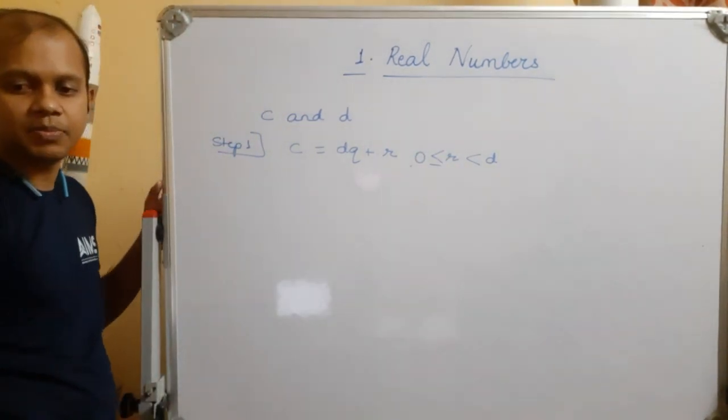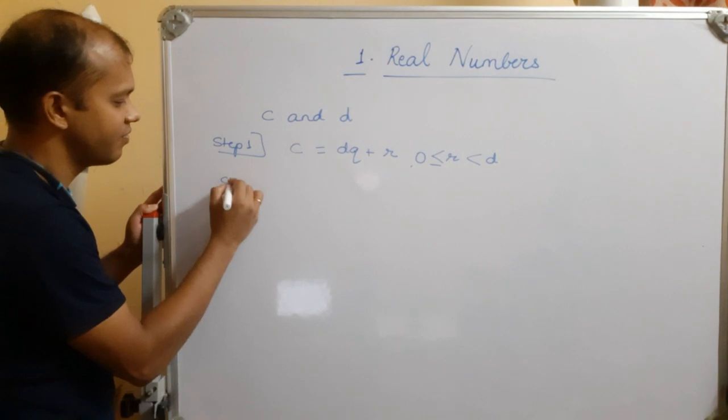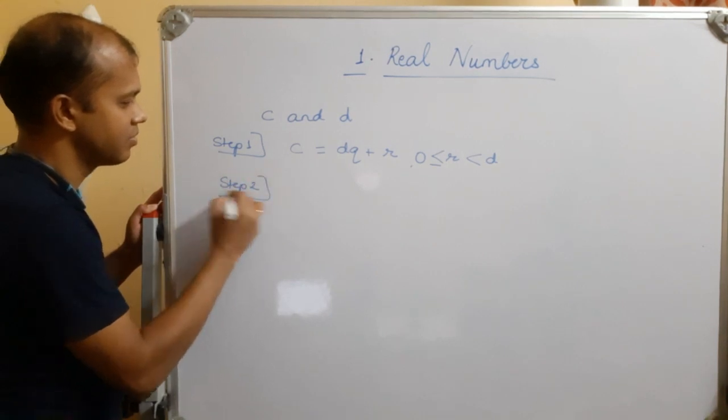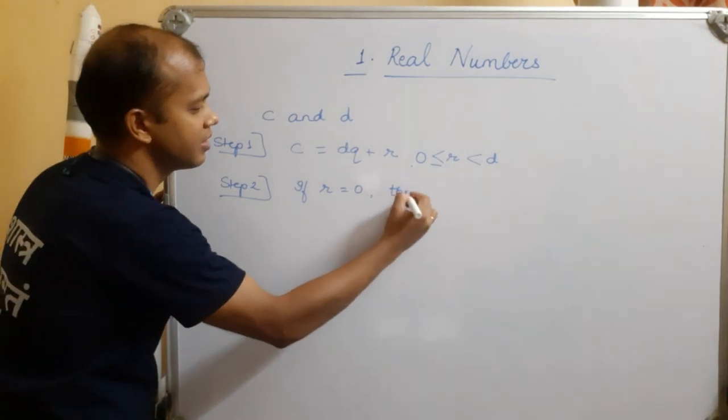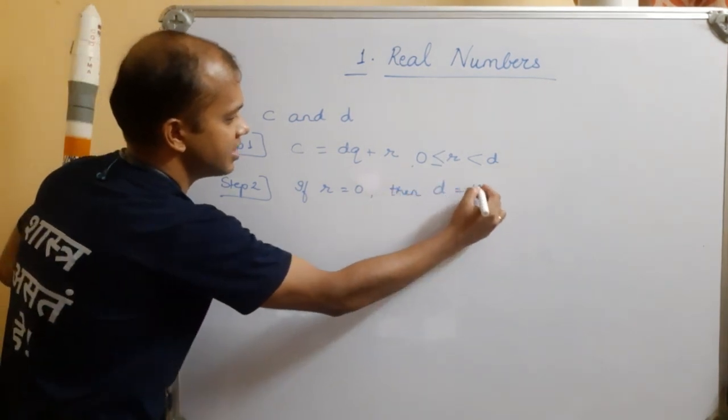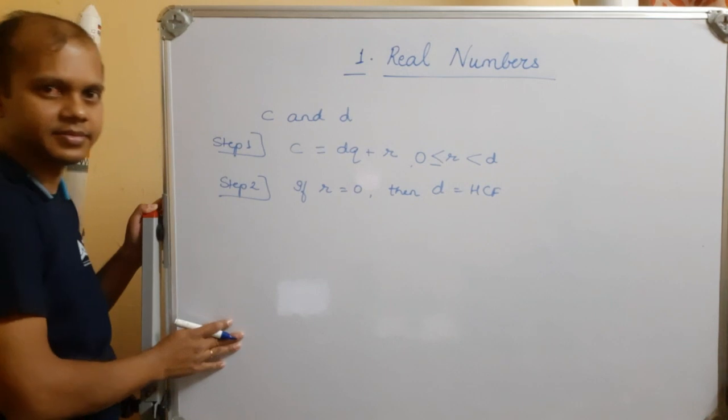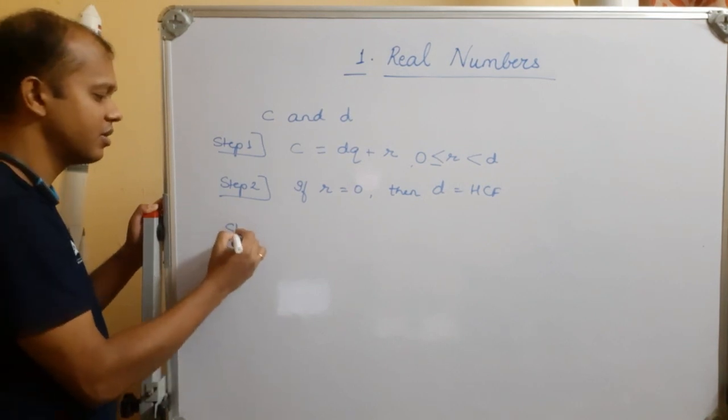Step 2. If R, that is the remainder, is 0, then D is your HCF. If not, go to step 3.